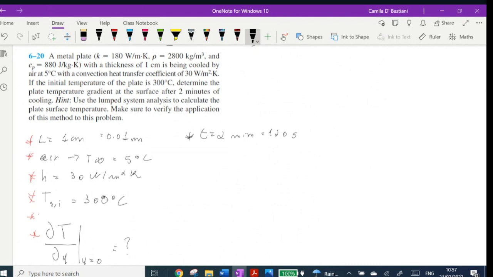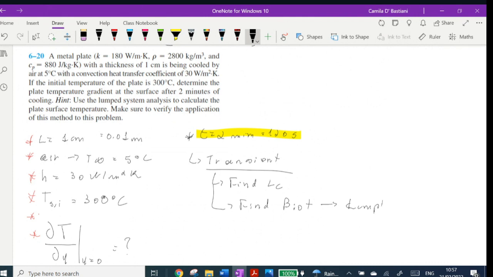Okay. First of all, a time was mentioned, so immediately we jump into transient mode. When you think about transient, it's always the same idea. Find the characteristic length, find the Biot number, see if you can apply the lumped system.